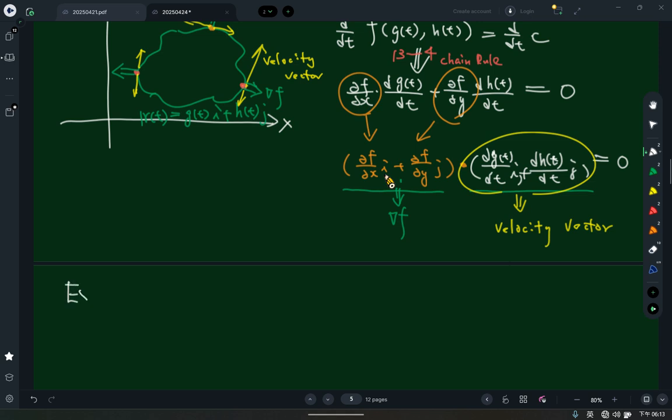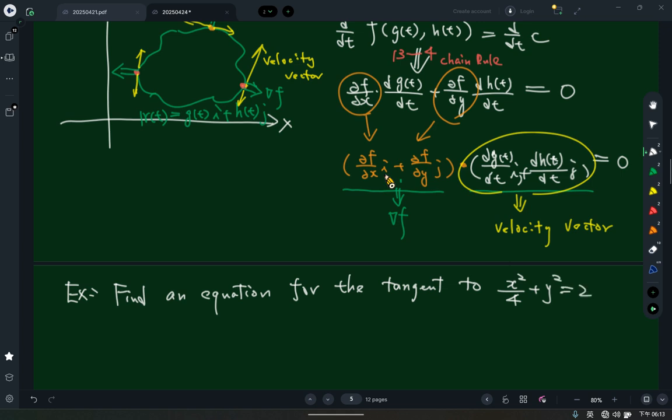So, for example, please find an equation for the tangent to x squared over 4 plus y squared is equal to 2 at the point -2, 1.